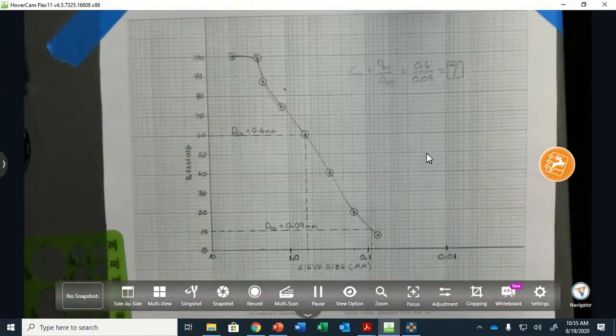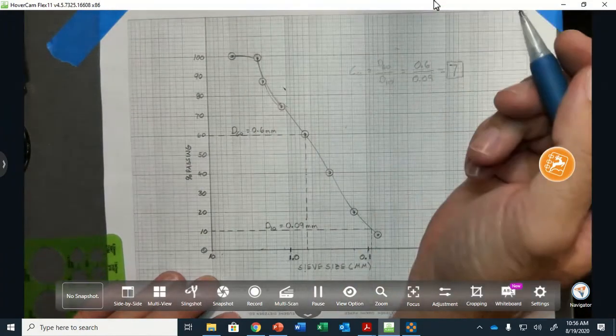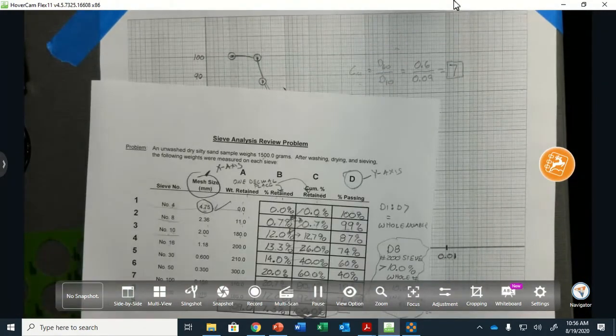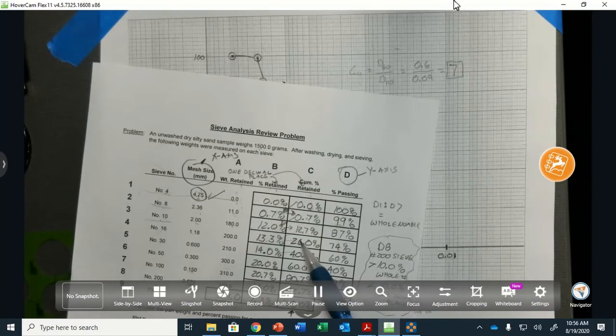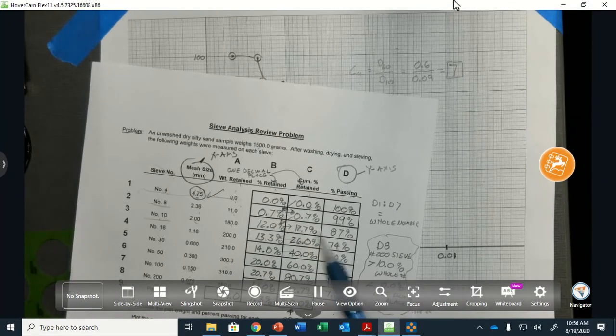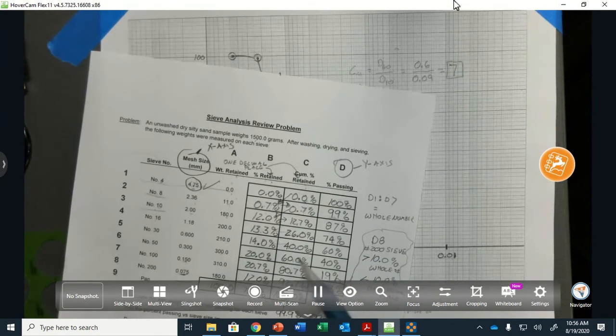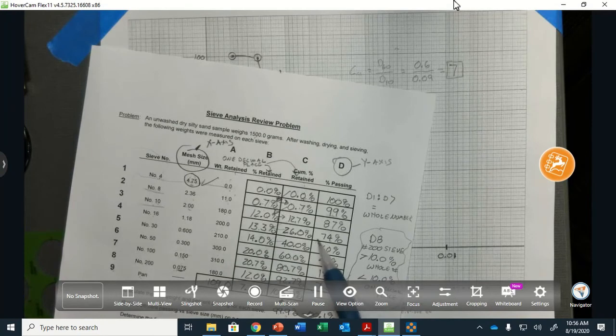So let me see if I can get the title up here. For example, Green and Gold Quarry, 3/4 inch stockpile, boring 1, sample 1. It's going to be something like that.